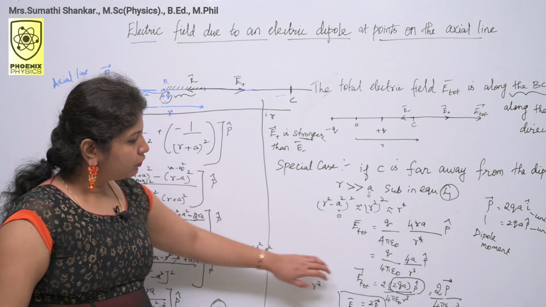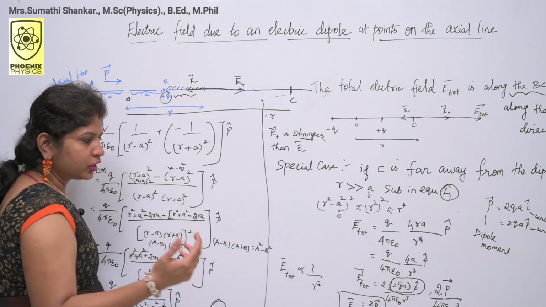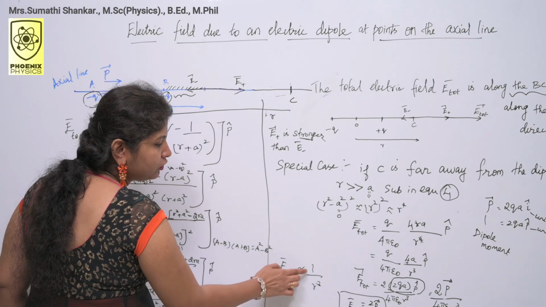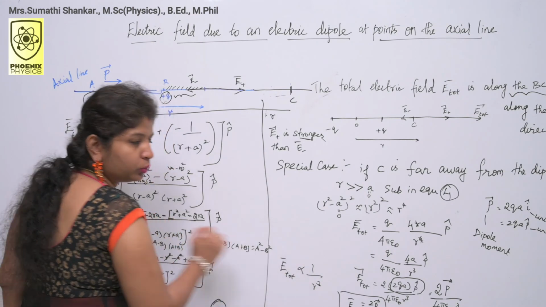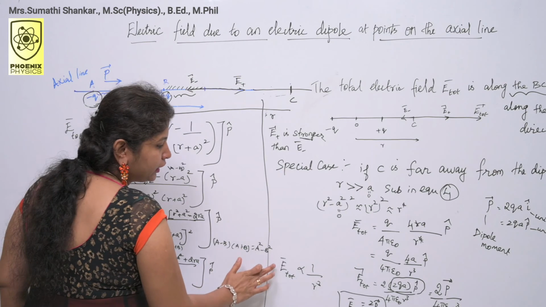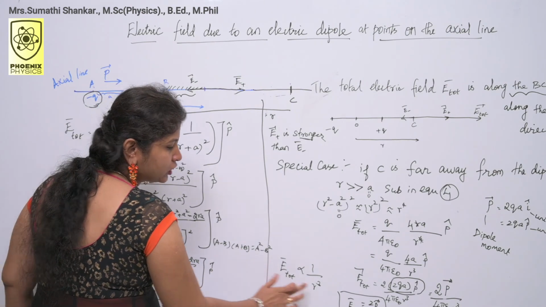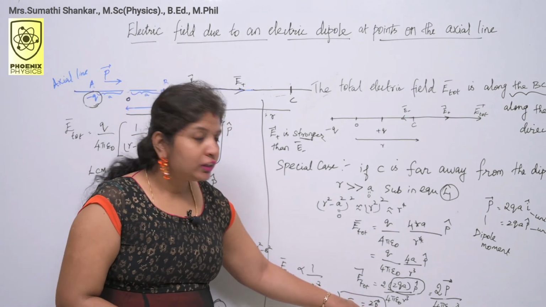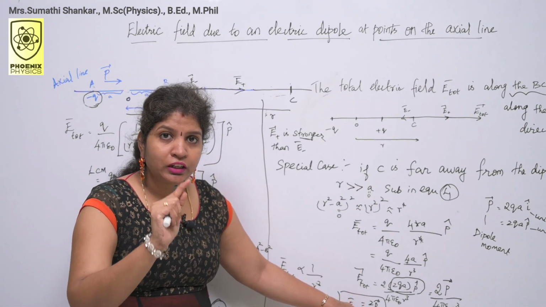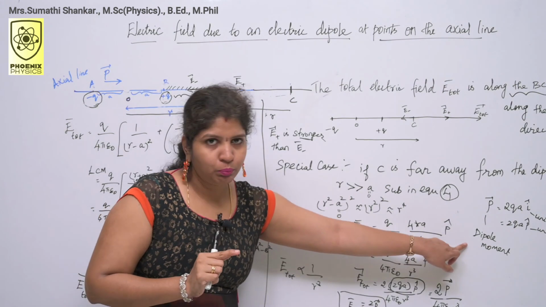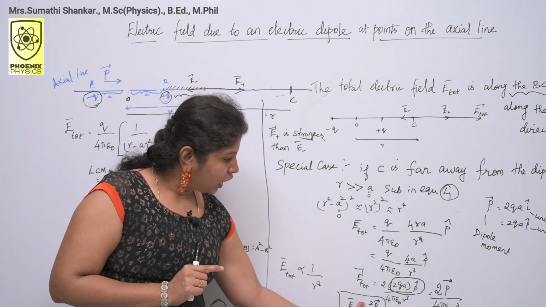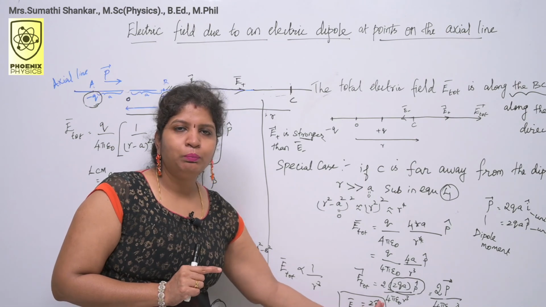Here from this formula you can say E total, the total electric field, is inversely proportional to R cube. Then the direction of the total electric field is along the dipole moment direction, because here it is not P cap, this is P vector. What is P vector? Dipole moment. So the total electric field is along the direction of dipole moment.